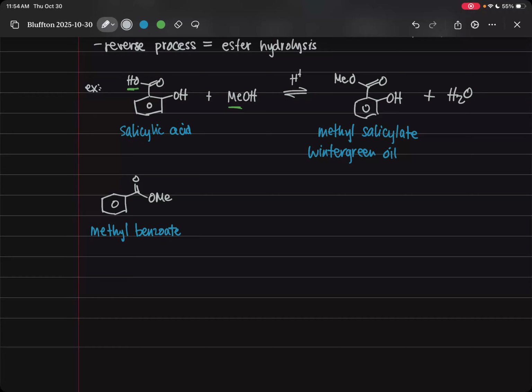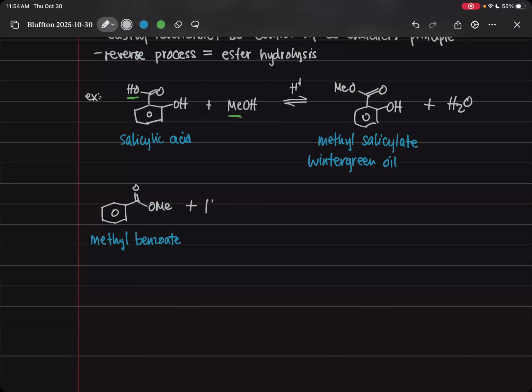Anyway, so if we take methyl benzoate and we react it with water, generally not much is going to happen. But if we add an acid catalyst, now we can have some sort of reaction. And so we're going to split apart the ester functional group. In the same way that we start the salicylic acid reaction with an acid and an alcohol, this hydrolysis reaction is going to give us an acid and an alcohol.